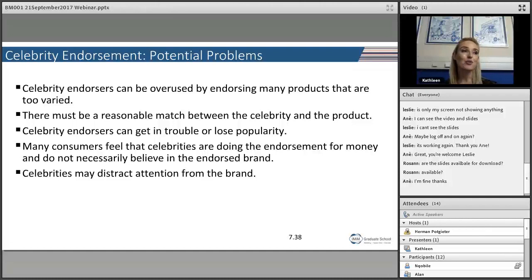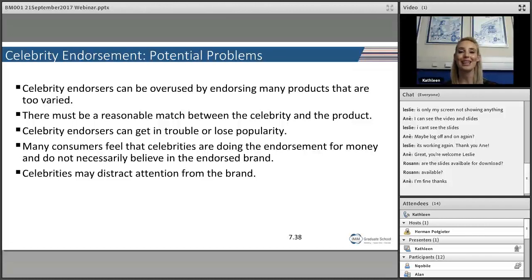There are some potential problems with us using our celebrity endorsers. The first one is that celebrity endorsers may over-endorse and be associated with so many products that, again, we almost get a little bit of dilution, where you eventually start to feel like the celebrity does not honestly support these brands.